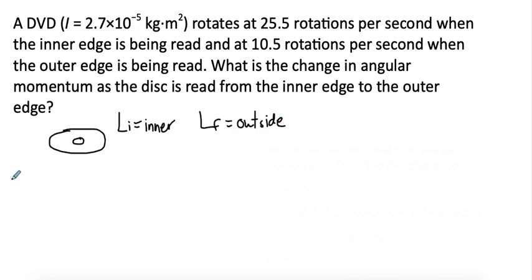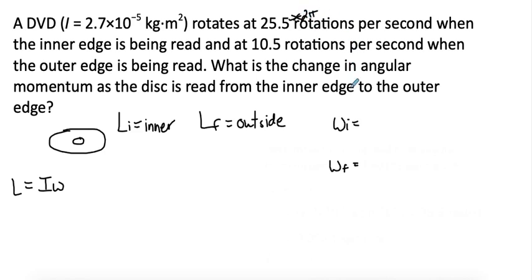Okay, so remember, our angular momentum is the moment of inertia times the angular velocity. Okay, well, with each of these we have an angular velocity that's given, so we can write that off to the side if we want to. We have an initial angular velocity and a final angular velocity. And if we remember in the last problem, if we want to go from rotations or revolutions per second, we just multiply it by 2 pi, and that's going to get us to radians per second.